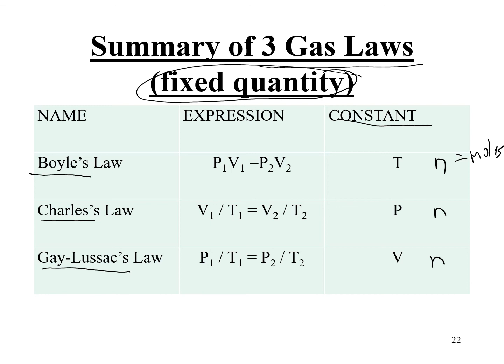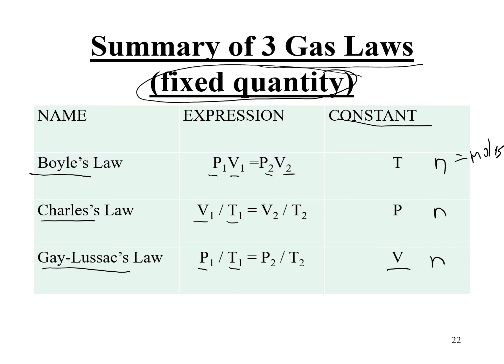So Boyle's law is the relationship between pressure and volume, initial and final. Charles's law is the relationship between volume and temperature, again the initial and then the final. And Gay-Lussac's is the relationship between pressure and temperature, initial and final, with a constant volume.